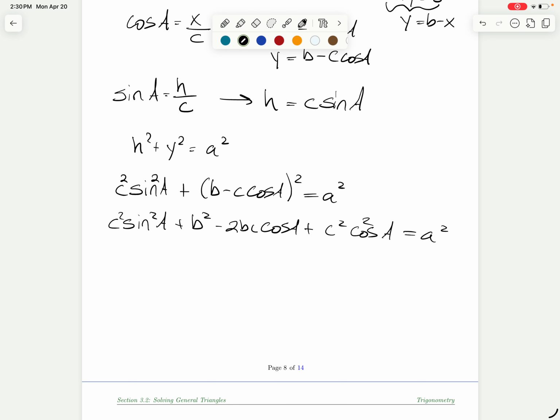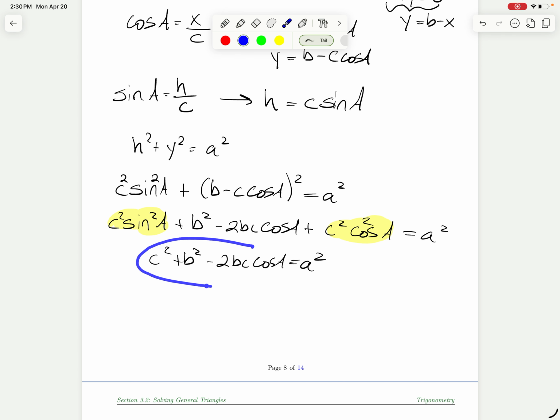Now I'm hoping something will clean up here, and notice these two terms, c squared sine squared and c squared cosine squared. That adds up to c squared, right? You factor the c squared out, sine squared A plus cosine squared A is 1. And so I end up with just c squared. So I have c squared plus b squared minus 2bc cosine of A is indeed a squared.